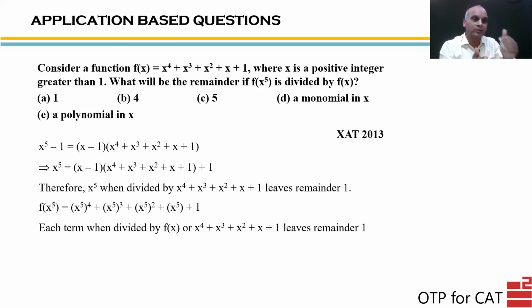Now on the right hand side, we have the first term as (x5) power 4. Now focus on the term x power 5, which when divided by this expression x4 plus x cube and so on, leaves the remainder 1. So in the first bracket, the remainder is 1, so we have net remainder of 1 to the power 4. Second bracket, again x5 divided by same expression gives you remainder 1, so we have 1 to the power 3.